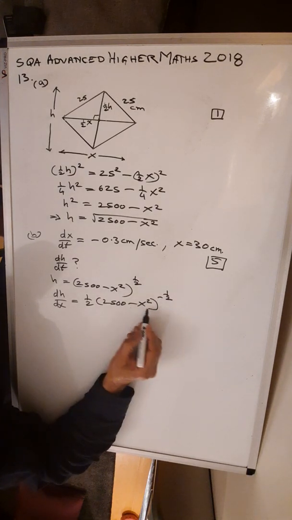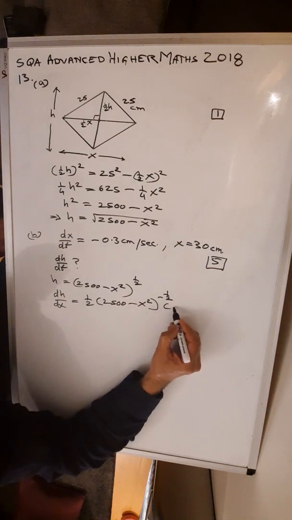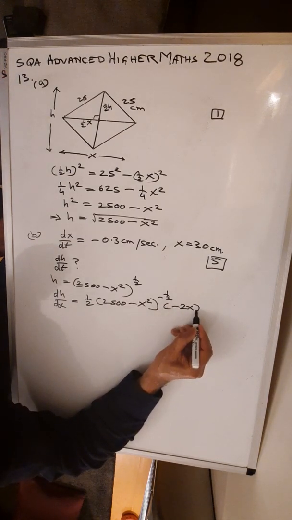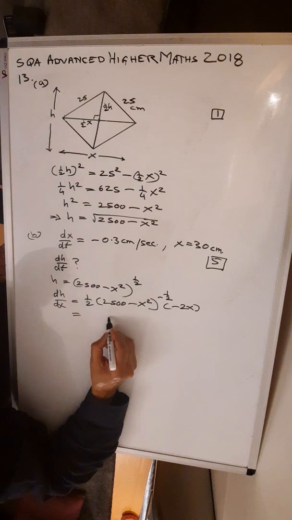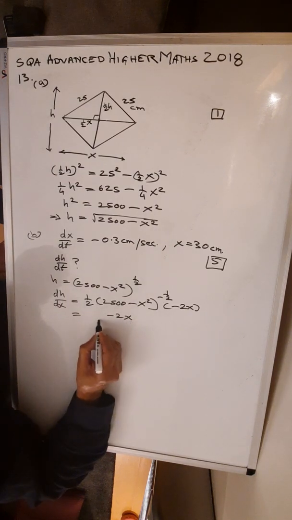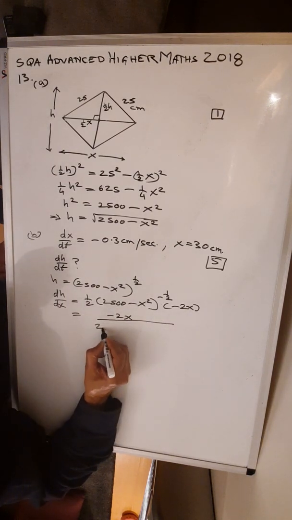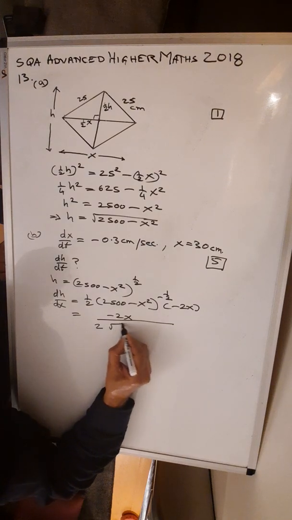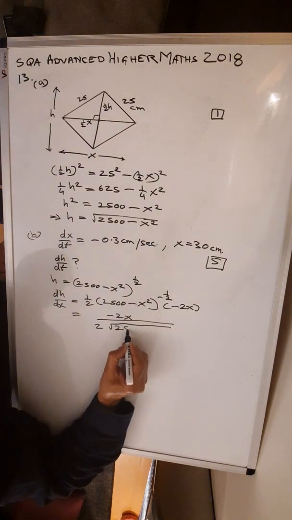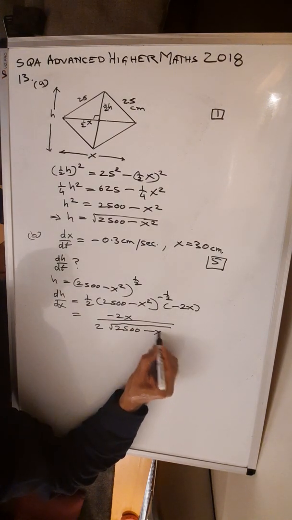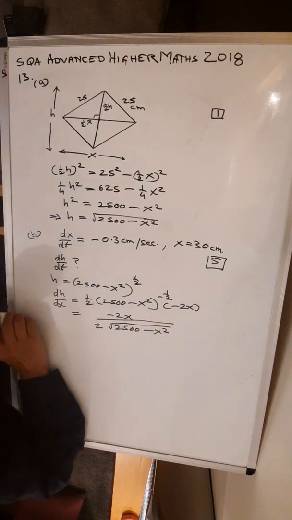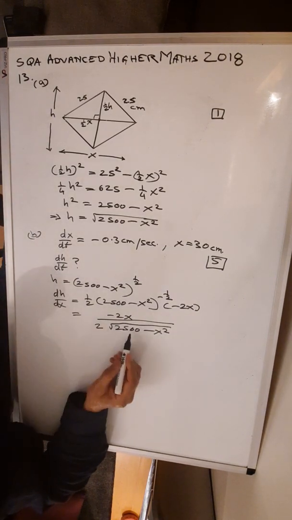Then you need to multiply by the differential of what's inside the bracket, which would give you minus 2x. What you have here is now minus 2x at the top, and the denominator you've got the 2, and you've got the square root of 2500 minus x squared. That is dh by dx.